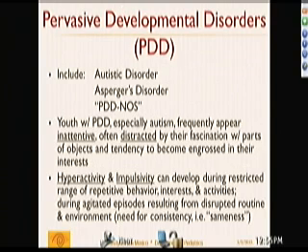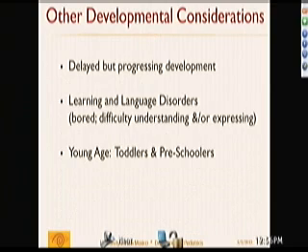Pervasive developmental disorders often cause youth to be inattentive, distracted, hyperactive, and impulsive. And often youth who are so-called on the spectrum, that is, the autistic spectrum, can first be diagnosed with ADHD and before they receive a PDD diagnosis.